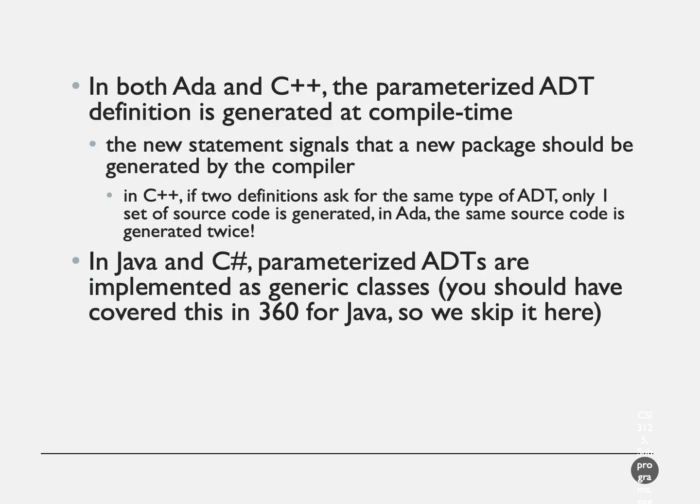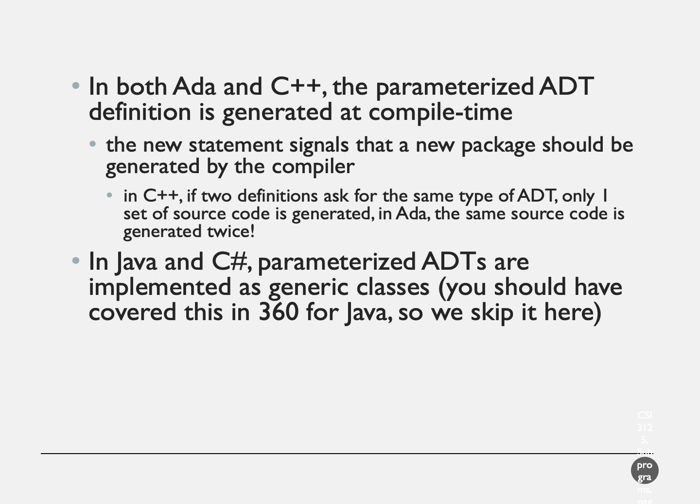So in both ADA and C++, parameterized ADTs are handled at compile time. When a new statement is used in ADA, it tells the compiler to generate a new package for that specific instance. However, there is a key difference between the two languages.